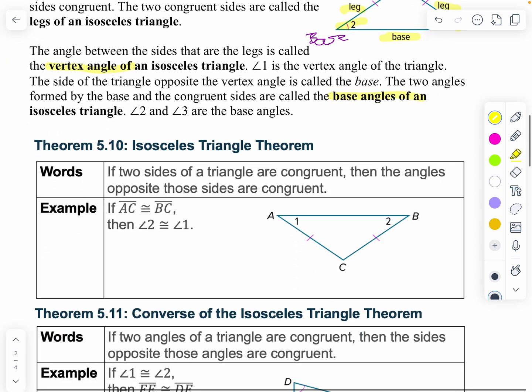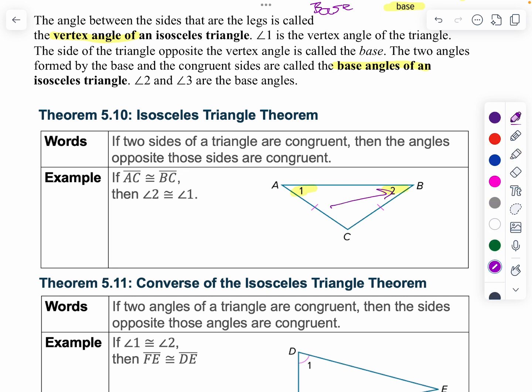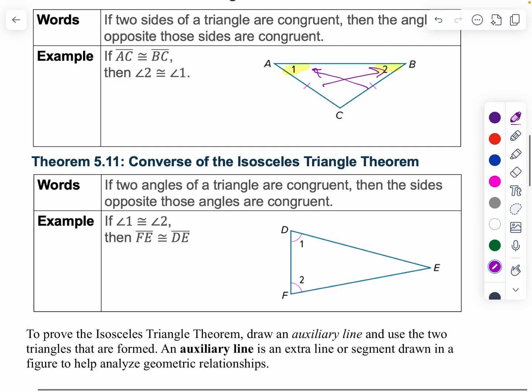Now we have the isosceles triangle theorem, which just says what I just told you: if you have 2 sides the same, the base angles are congruent. And they're always across from your congruent sides, so you have to look at what sides are congruent and then do it. The converse says if you have 2 angles the same in a triangle, the sides opposite them are congruent.